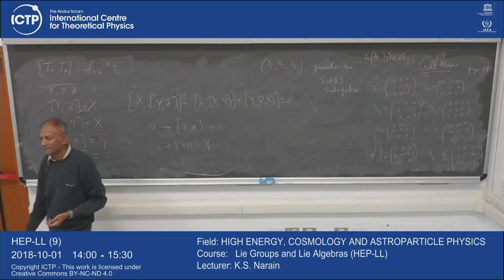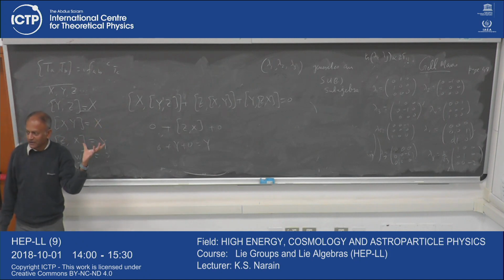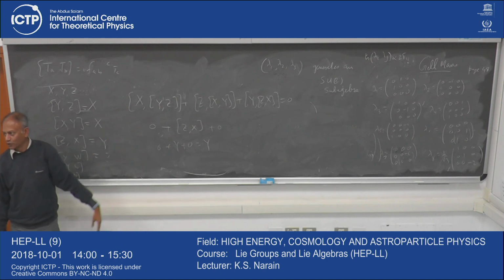No, this is all; that's it. This is the Jacobi identity, and there's nothing more. If you have 4 of them, you have to pick 3 different ones out of 4. There are 4 ways of doing it, so you'll get 4 identities like that.